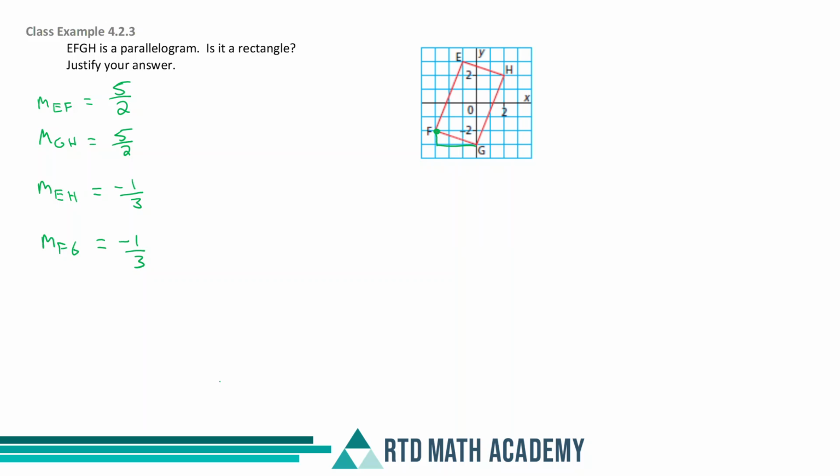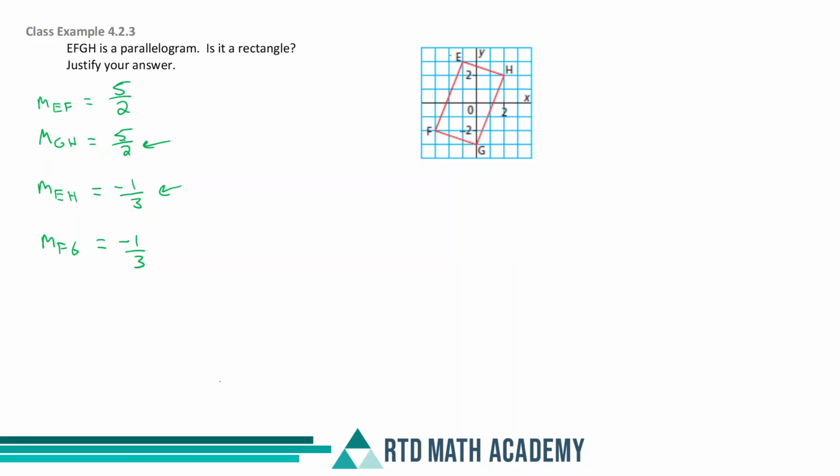So the question is, is this actually a rectangle? Well, no, not really, because it turns out that this line is parallel to this line, which is good, and this line is parallel to this line, but they're not perpendicular to each other. They're not at 90 degrees. The way I know that is because these two, 5 over 2 and -1 over 3, are not negative reciprocals of each other.